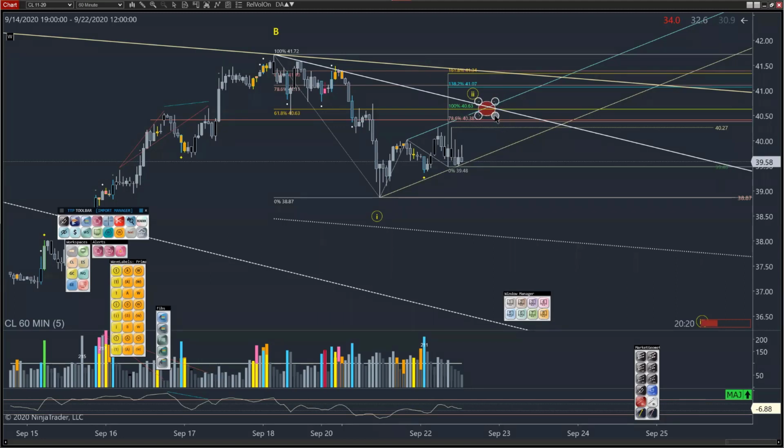But if we were to go back into it, that would be the spot right there. That would surely be the spot. I'm just going to go ahead and delete the rest of that.